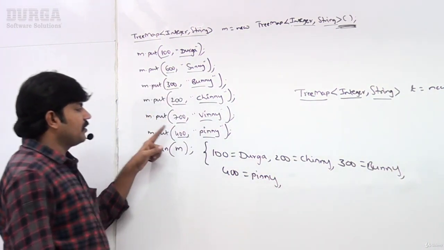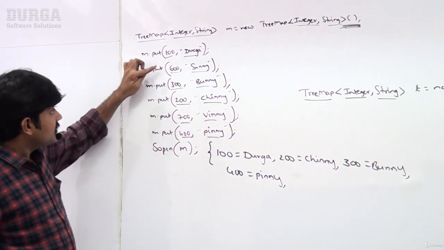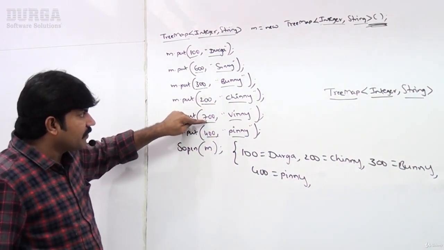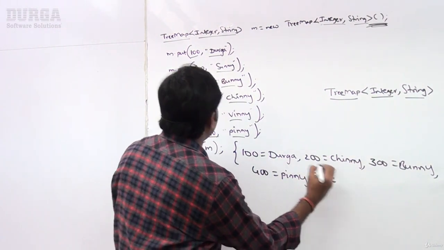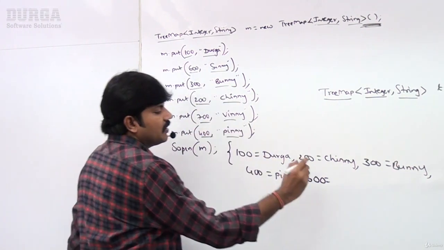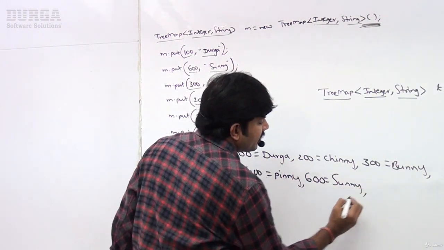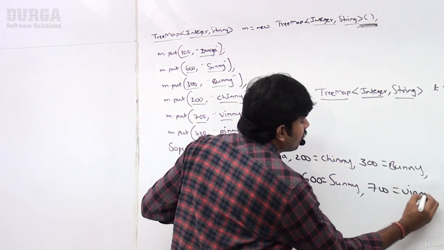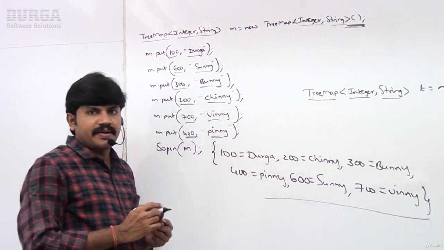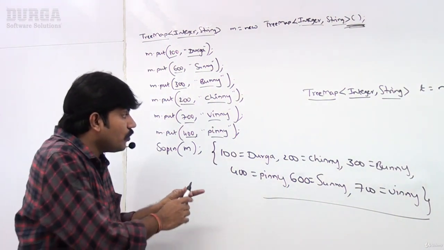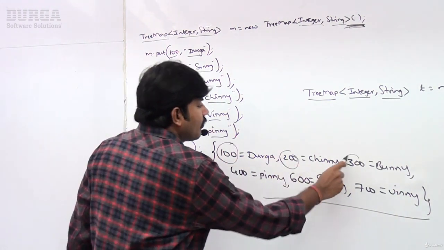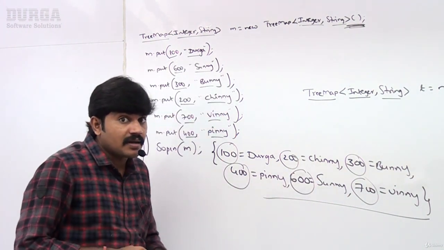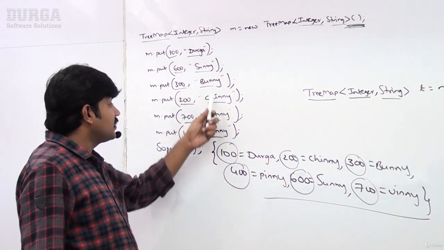Next, 600 is Sunny. Last one, 700 is nothing but Winnie. According to the ascending order of the keys, by default we are going to get this. Is it clear for all of you, right?